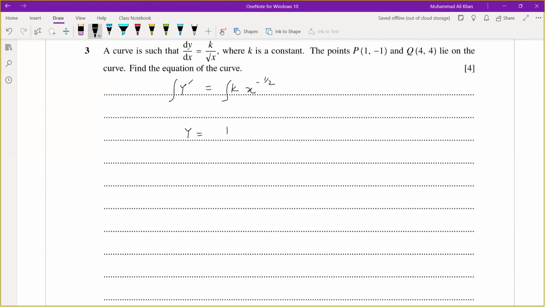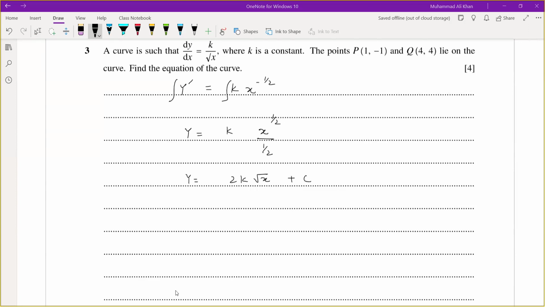So y equals k as it is, x power half divided by half. So y equals 2k under root x plus c.